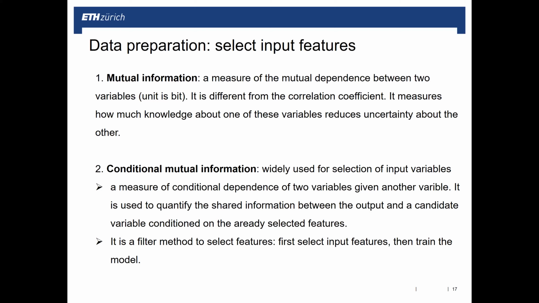There are also other methods, like the embedded method or the wrapper method, to select features. These two methods need to train the model, which means the feature selection process is based on the training result. So this requires a large amount of computation. That's the reason that in practice, conditional mutual information is more recommended and widely applied.